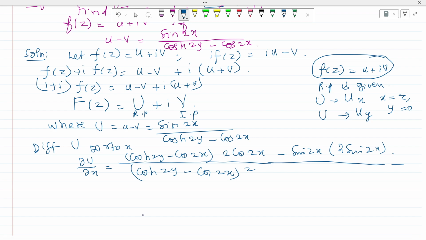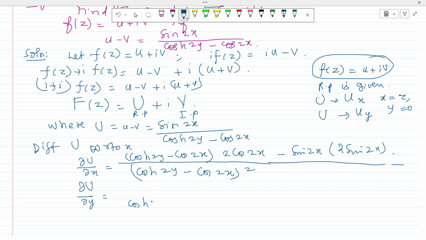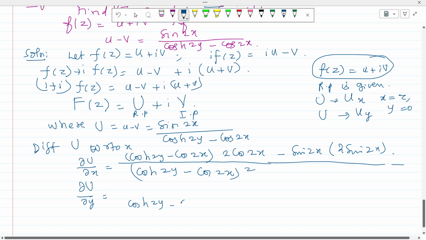So what you get here? Similarly, what is ∂U/∂y here? ∂U/∂y is equal to, once again, denominator is (cosh 2y minus cos 2x) whole square.